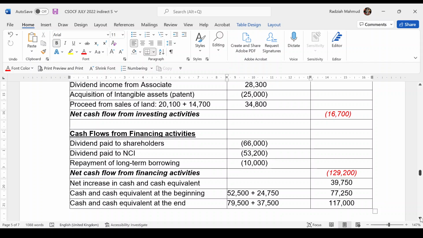I hope you will appreciate that the consolidated statement of cash flow is not difficult. Inshallah you can do it. Only that you have to do it fast, so that you can complete it in the time given. Okay, so that's all. Good luck in your final.